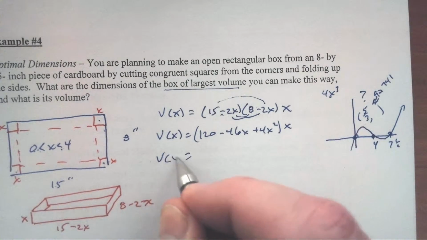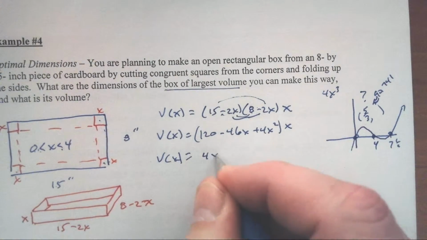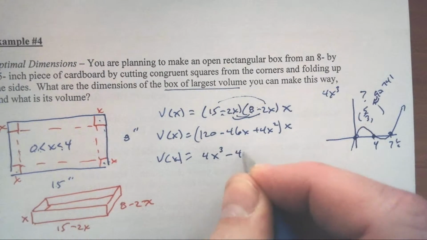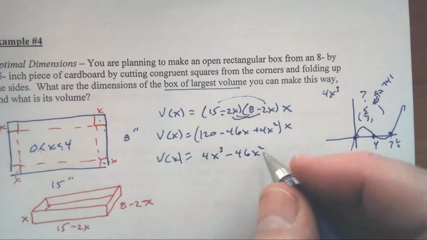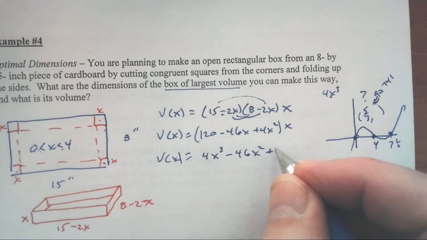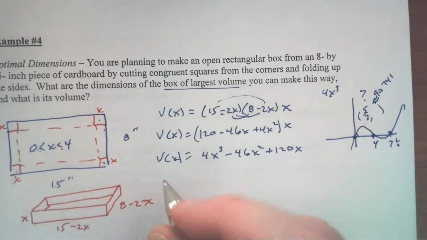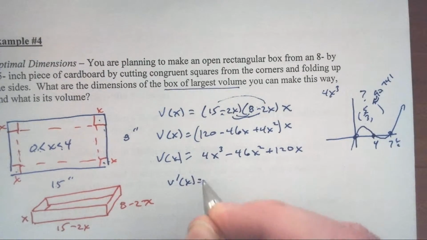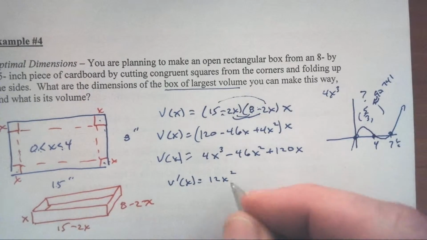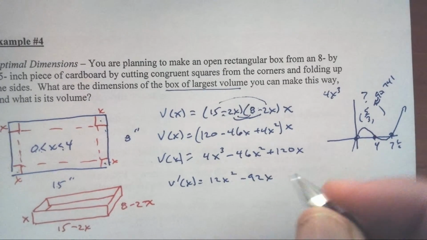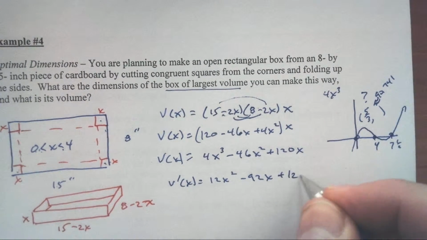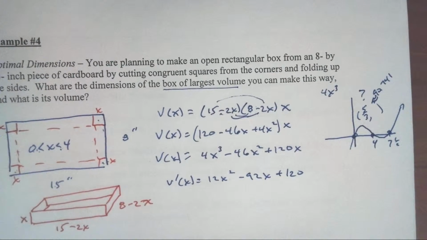Or volume based on x is 4x cubed minus 46x squared plus 120x. First derivative is 12x squared minus 92x plus 120.